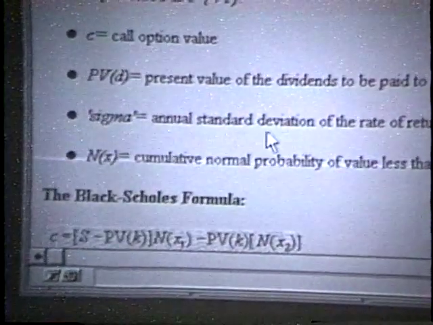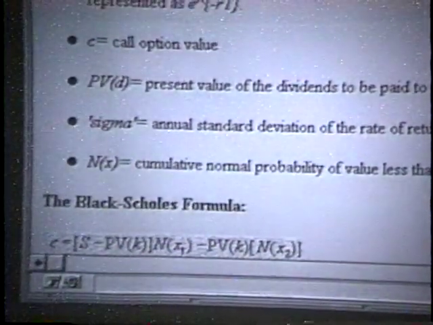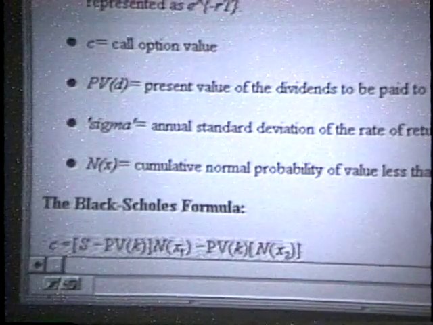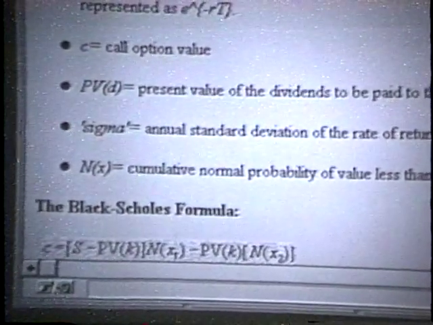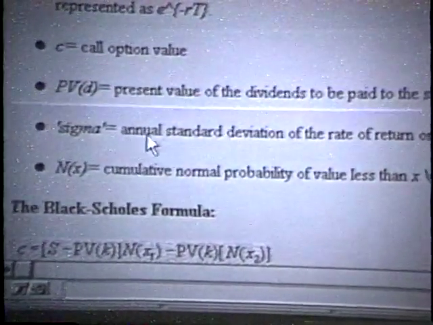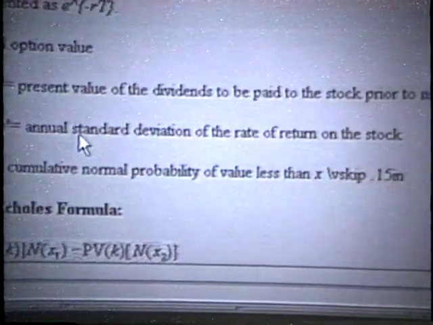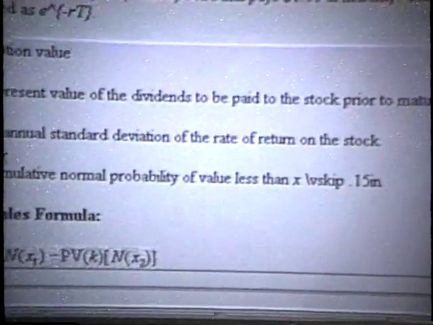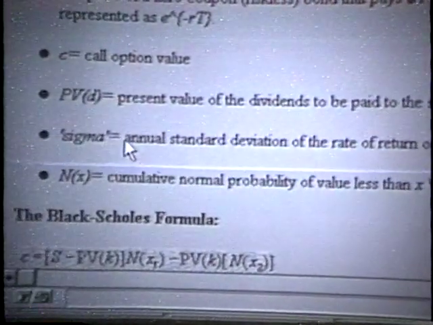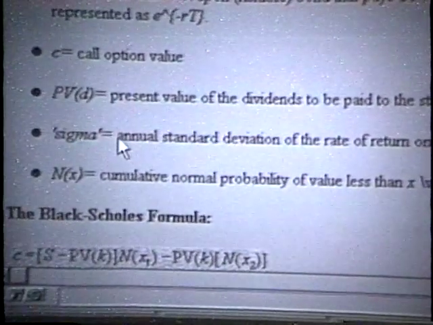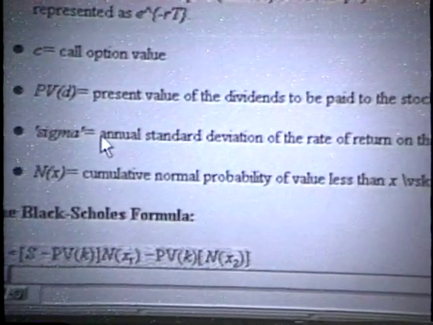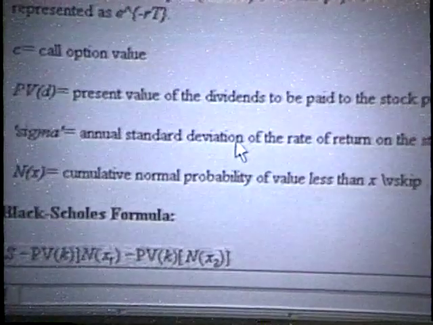Is going to be the annual standard deviation of the rate of return on the stock. Okay, so 2 things that are important here. Annual. So it's going to be annual standard deviation. And there should be a word inserted here to make it redundant, but to emphasize the point, it should be the expected annual standard deviation.